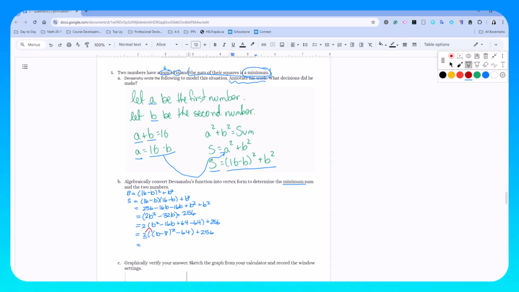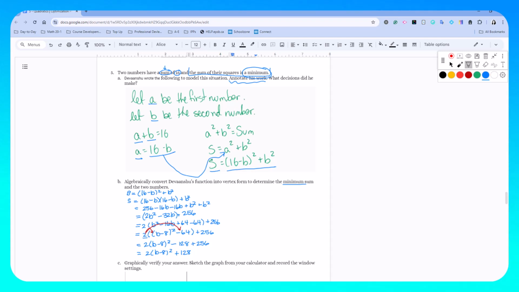So I get 2 times b minus 8 squared. Now 64 and 64, that's going to get me minus 128. And then I'm going to add the 256. And that's going to get me 2 times b minus 8 squared, plus 128.